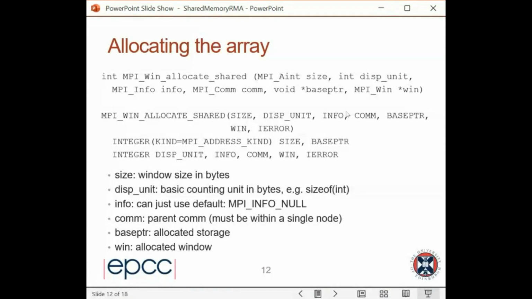You get a pointer to your local data, which is a sub-portion of a large piece of data, and you get an object called a window, which identifies all the processes basically. That's of type MPI_Win. So the size is the window size in bytes. The displacement unit is the counting unit, which you're not going to need. The comm is the parent communicator, which must be within a single node. The base pointer is the allocated storage, and the window is what MPI calls an allocated window.